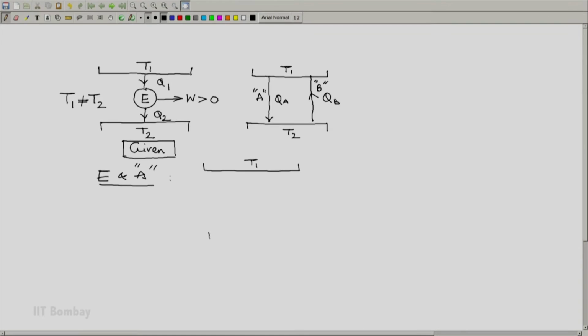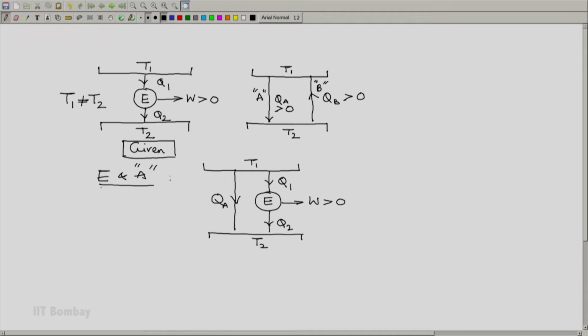We have T1, we have T2, we have our engine E as given, and in addition we have some heat being transferred through this second possibility, and the way the direction is shown here, QA from T1 to T2 is greater than 0.